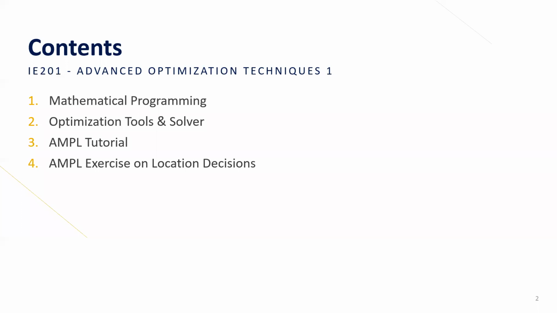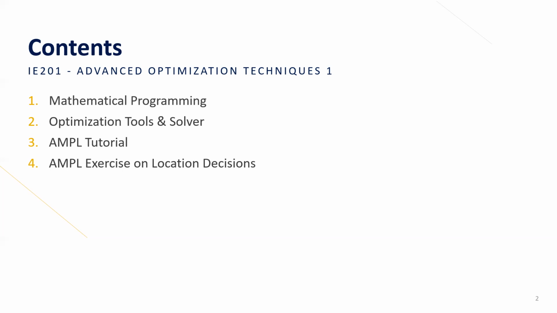For example, the one that we already tried two weeks ago, the Excel solver, and other very popular solvers also available, such as Cplex and Lingo. Perhaps you might already have heard about those if you studied industrial engineering for your undergraduate degree. But for this one, we will focus on AMPL software.